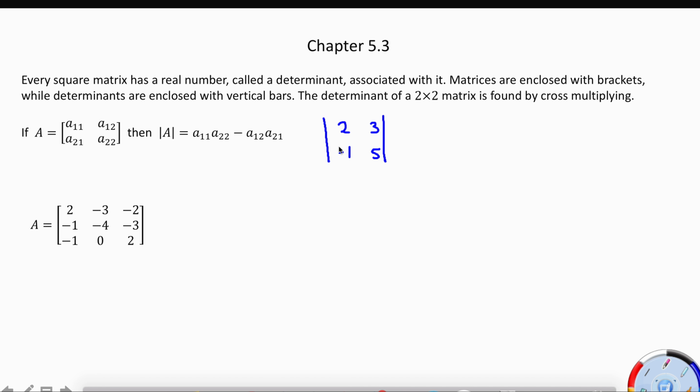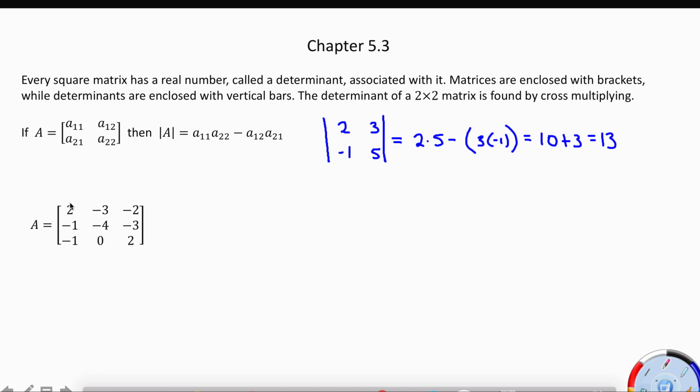That means something specific. It means I'm evaluating the determinant. I would say 2 times 5 minus 3 times negative 1, or 10 plus 3. The determinant for this 2 by 2 matrix is 13.